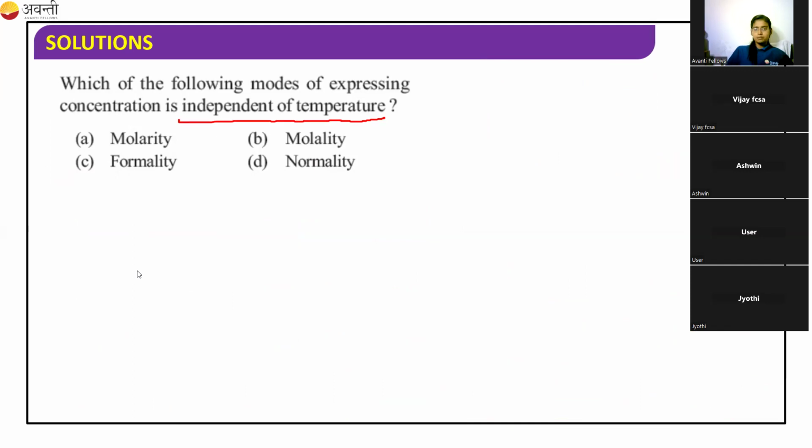Very good. Option B. Molality is independent of temperature. Yesterday I gave you the reason: molality depends on the mass of the solute, and mass doesn't change with temperature. So molality is independent of temperature.